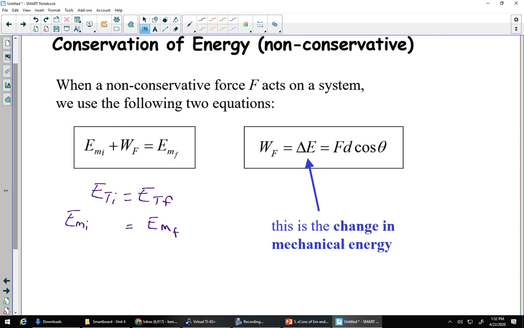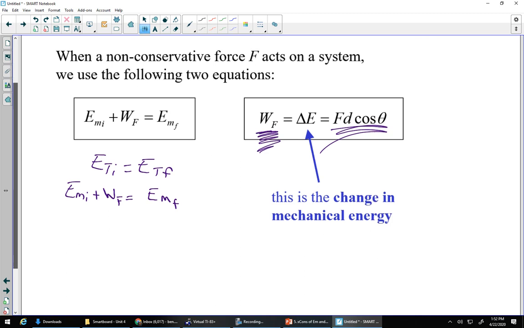The thing that we're going to add to this now is the work done by any force, and we remember work done by any force is just F d cosine theta, right? So we can now figure that out and add it in.